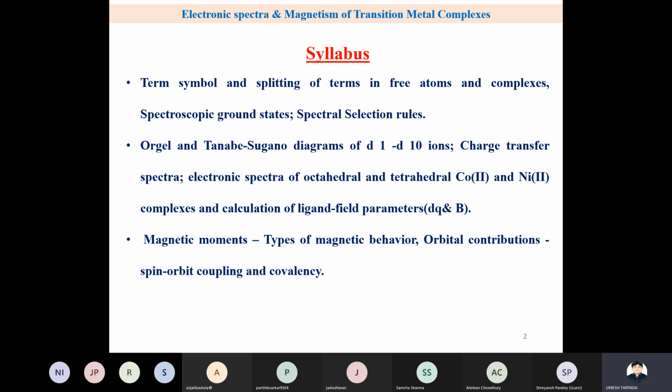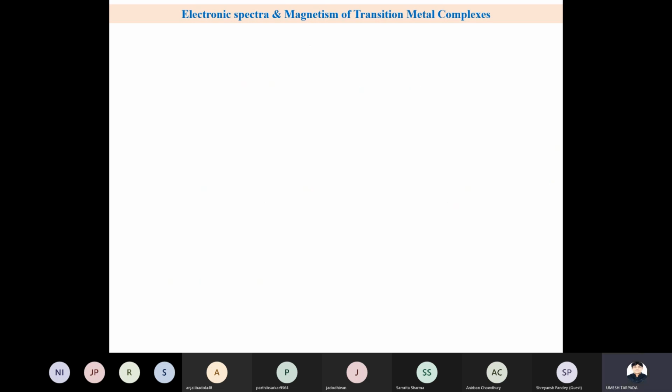First we start with the molecular term symbol and splitting of term into different levels or different spectral terms. So first we go for how to write down the ground state term symbol. For any molecule, if you want to write down its term symbol, this is the representation of the term symbol, with the J value.